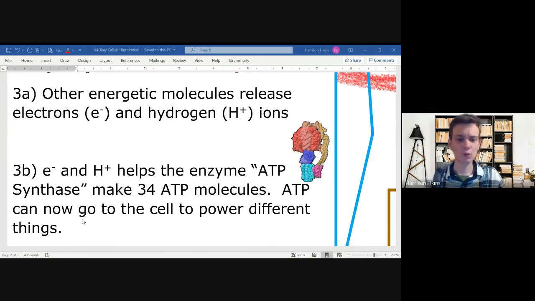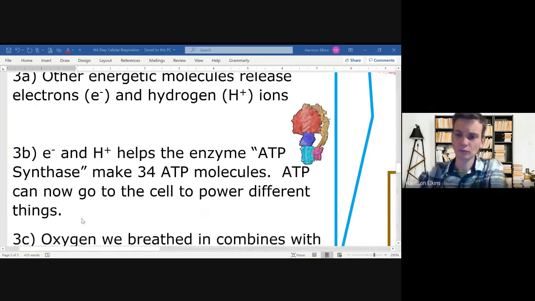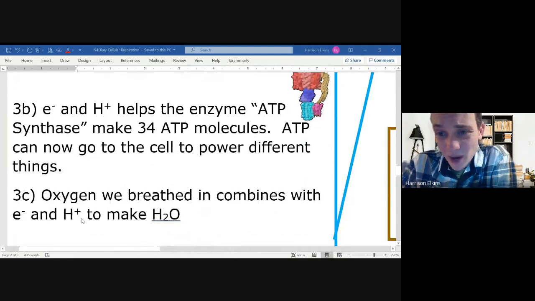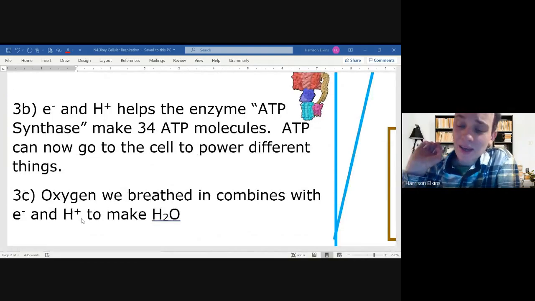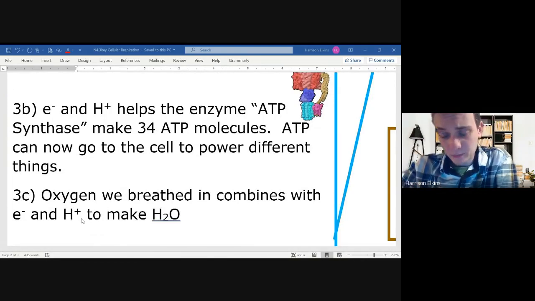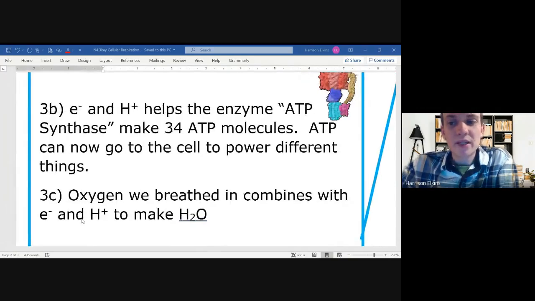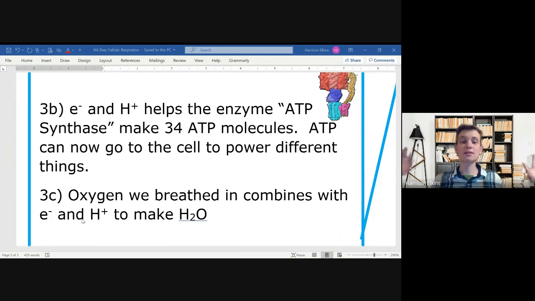Okay, what's going to happen to my hydrogens? I've got all these hydrogens that went through, they did their job, they helped charge ATP. Well, there's a reason why I need to breathe in oxygen. I'm breathing in oxygen because that oxygen is going to be there at the end of the whole process to catch the hydrogens.